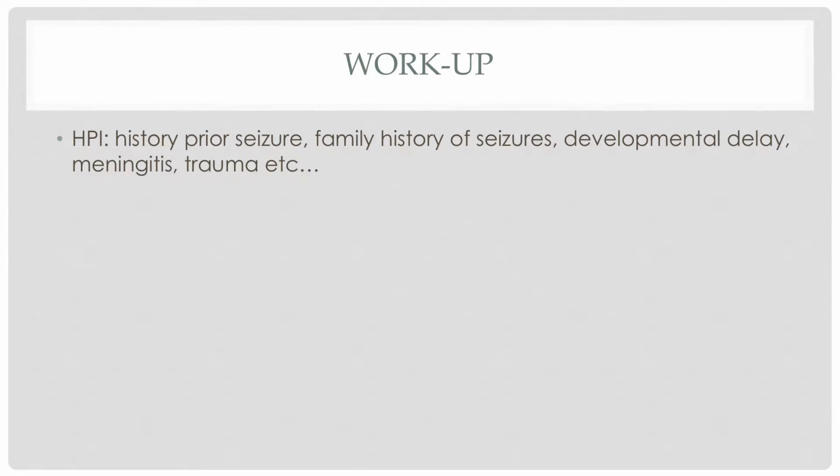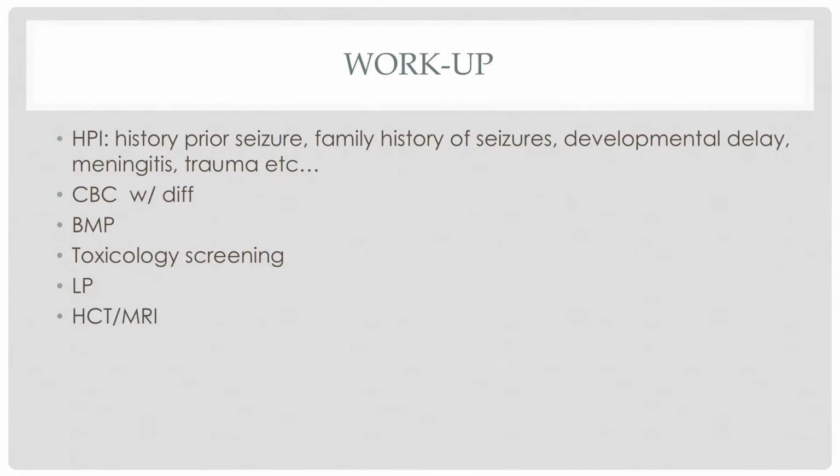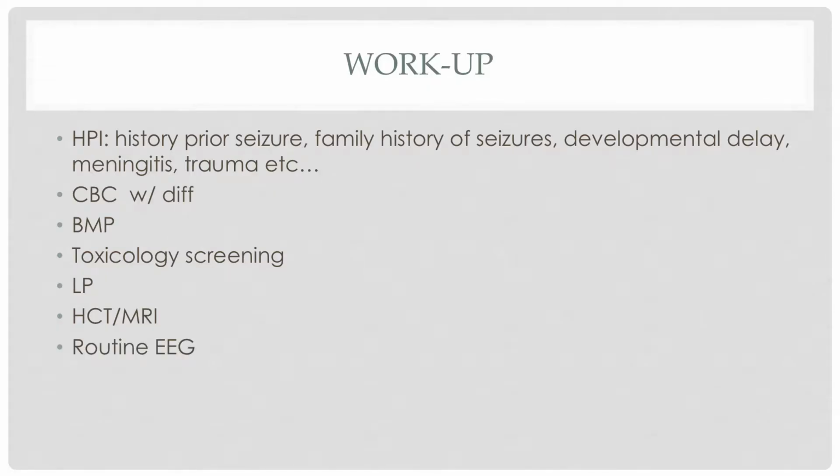And we need to do a complete workup and LP if needed, if you are concerned about possible infectious process. I prefer MRI, especially in adults, because we have a better resolution. We can see small lesions in the brain, and routine EEG to help stratify the patient for risk of seizure recurrence.